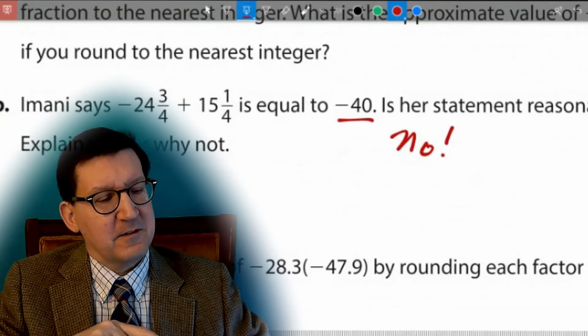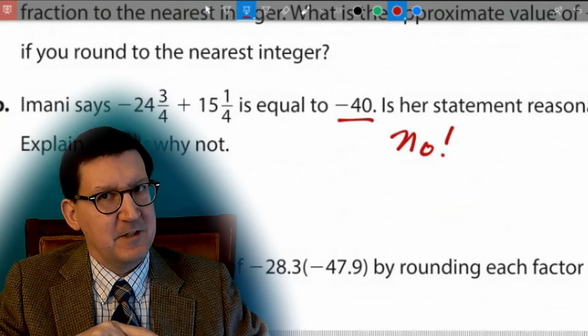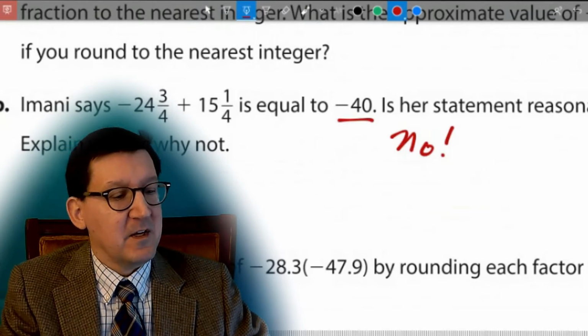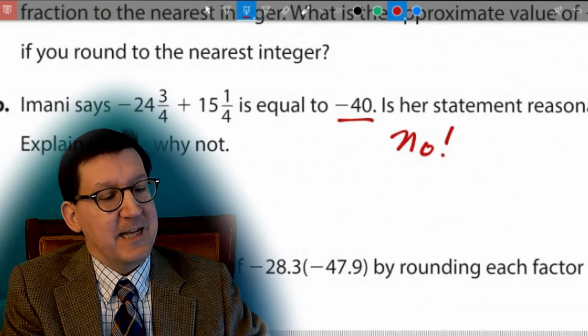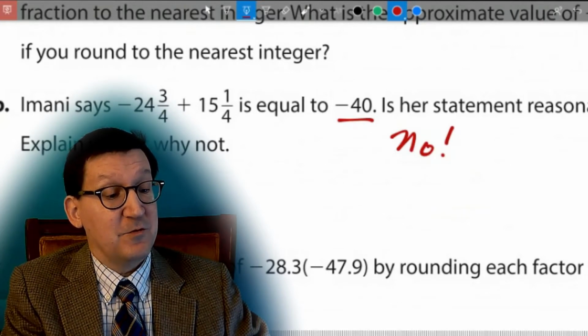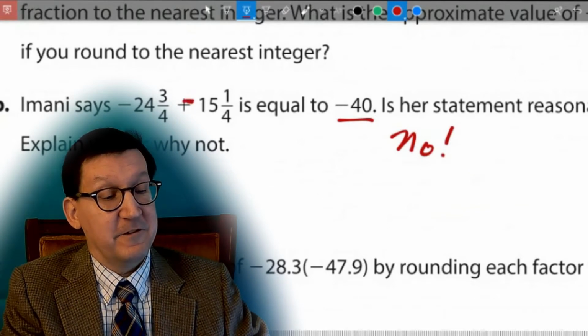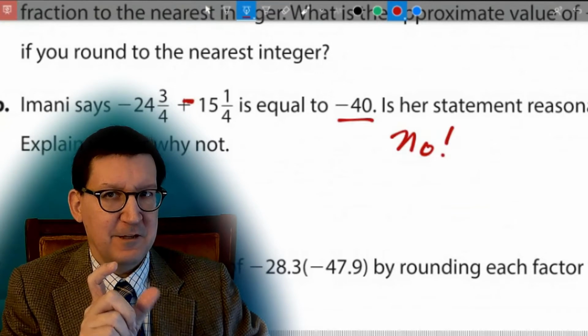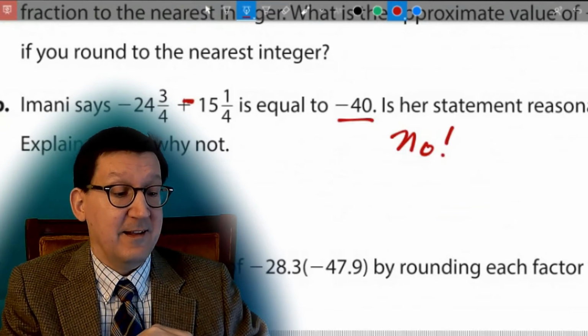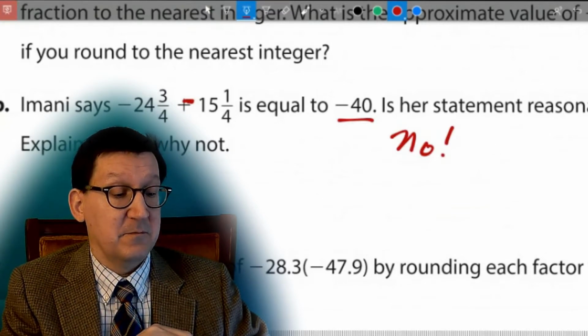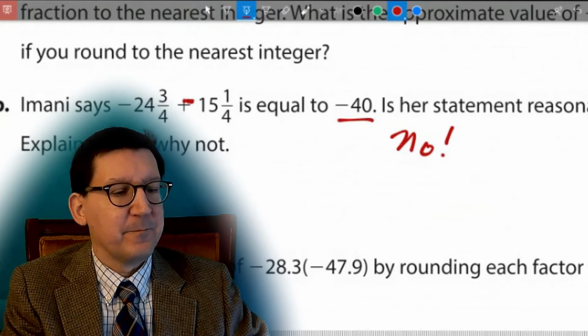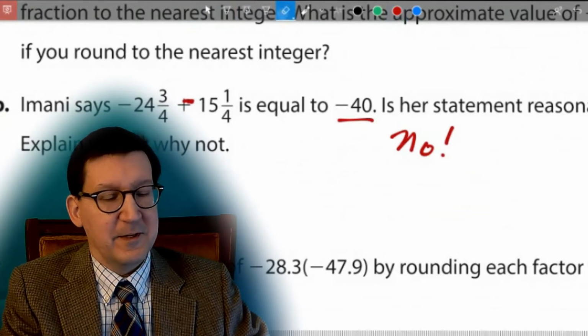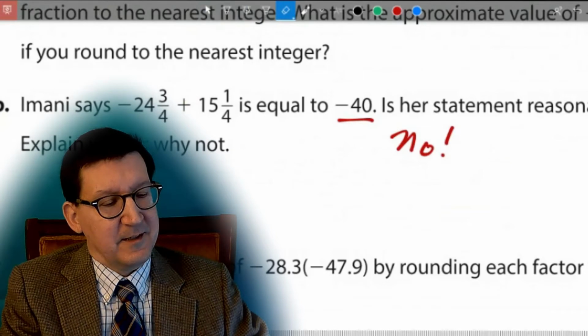If you look at what she might have done, you can see. She actually did negative 24 3/4 and subtracted 15 1/4. She was thinking that it's negative 24 3/4, and then you take away another 15 1/4. Now that would be negative 40, but that's not what you do. So we know how she got it wrong.